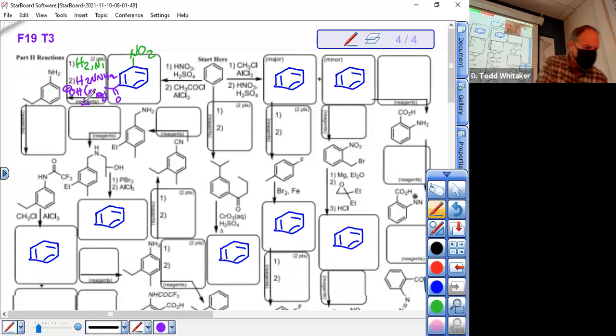The reason I don't like the Clemmensen quite as much this time is because an amine is a base and you just made your NO2 into an NH2. If you use HCl, you're going to protonate it and lose some of your acid. Then you'll have to deprotonate it later. So you save the step.